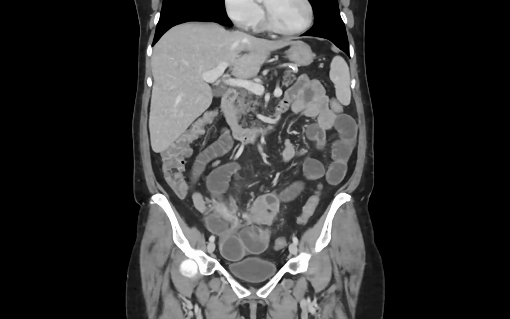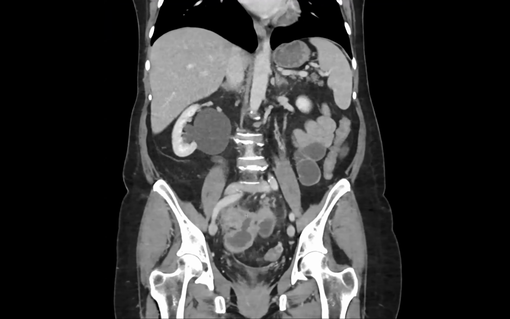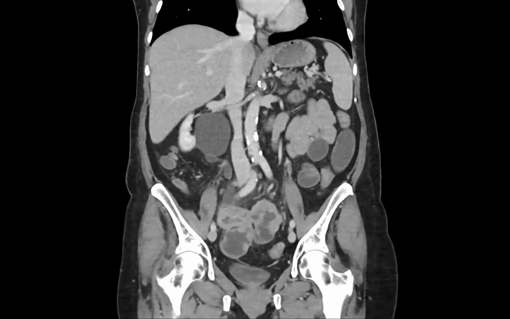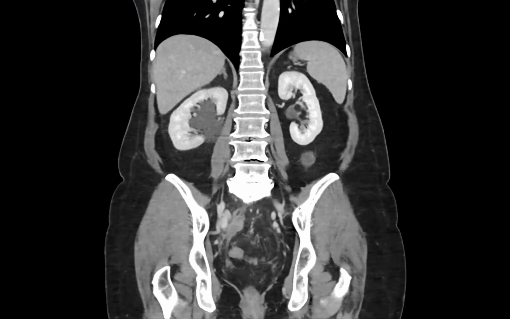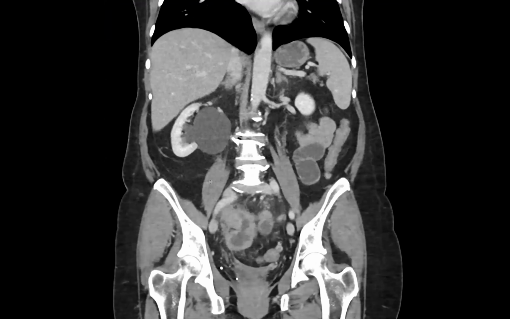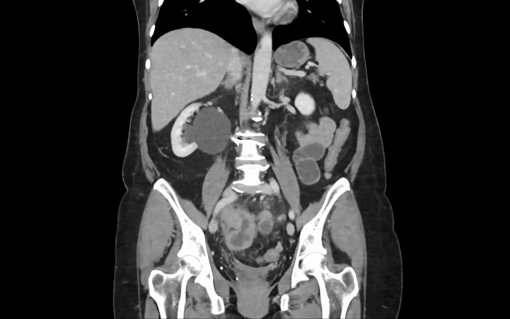It's a pretty long segment. There's areas where there's communication, like fistulization between the adjacent loop here, and any differential, and this is causing obstruction of the right collecting system.